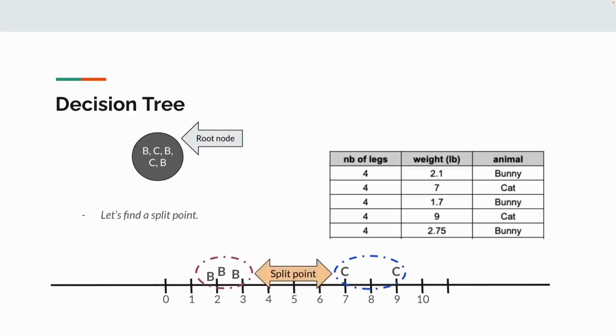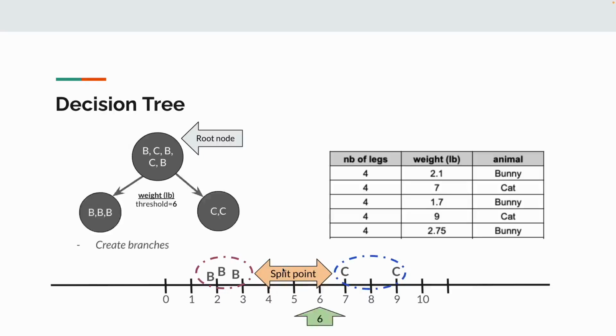What you have to do next is identify a split point. You can choose any point between these 2 clusters, and let's say we choose the threshold point to be 6. As soon as you have identified the threshold point, you propagate these data points to their corresponding left and right nodes.